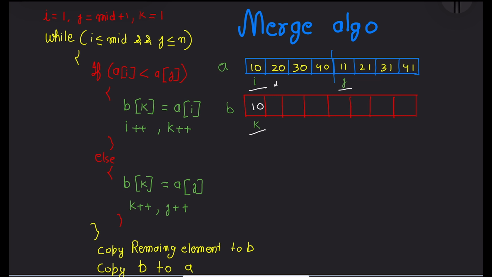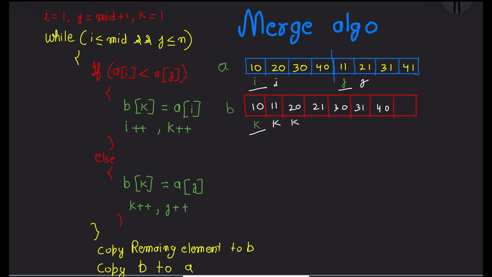Now 20 will be compared to 11. So 11 is smaller than 20, so 11 will be placed at the kth index and we will increment k and j both. Now we will repeat similarly for the remaining elements. 20 is smaller than 21, 21 is smaller than 30, 30 is smaller than 31, 31 is smaller than 40.